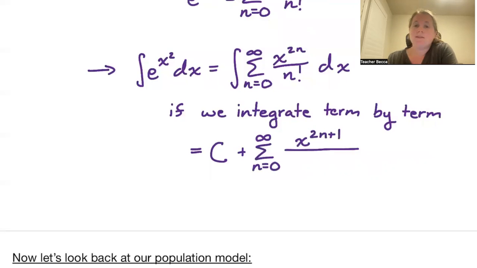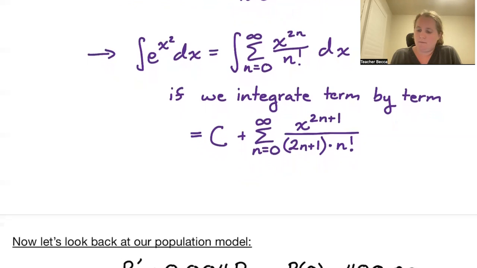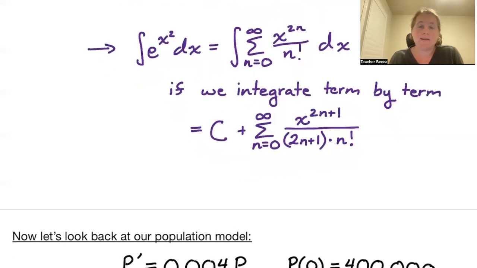Then we would, of course, have to divide by that new power, and our n factorial comes along for the ride. So even if we cannot directly integrate a function, if we know how to write it as a series, then we can integrate it in series form instead. There is, in fact, no way to write a simple function for the integral of e to the x squared dx. This is as simple as it gets.